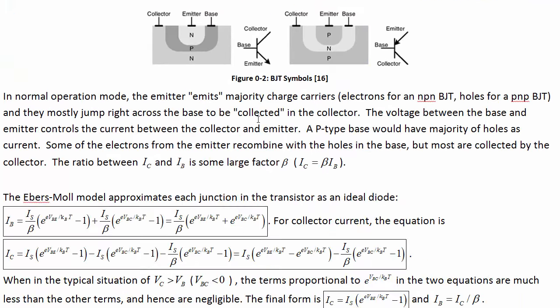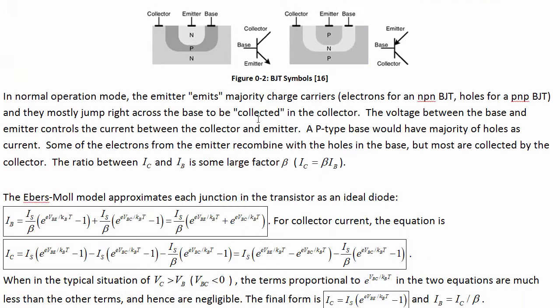So the base is higher than the collector. The normal forward active region is when the collector voltage is higher than the base, so we'd be down here. As long as the base emitter junction is forward biased, then we're either in forward active or saturation. If the base emitter junction is not forward biased, then we're either in cutoff, or if we were to also have the base be higher than the collector, we can get into this reverse active region. So just be aware of that.